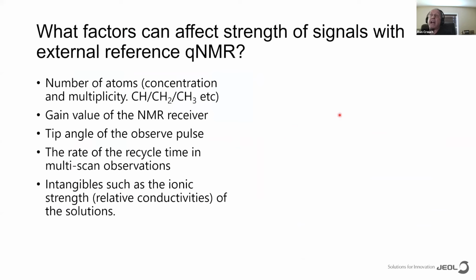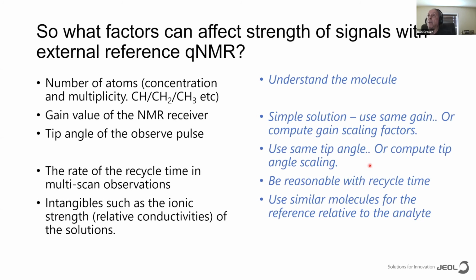Now, there are many factors that can affect the strength of signals. Obviously, the number of protons, the gain of the receiver, tip angle, recycle time, and intangibles, which are very important, such as the ionic strength, things like that. The solutions to these are all really common sense. Understand your molecule.